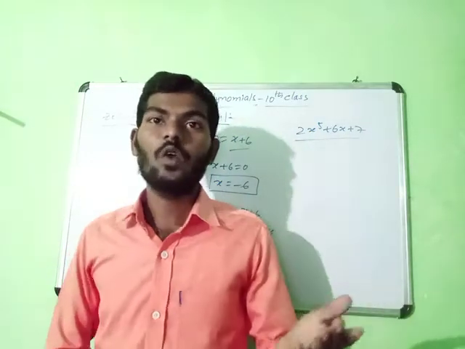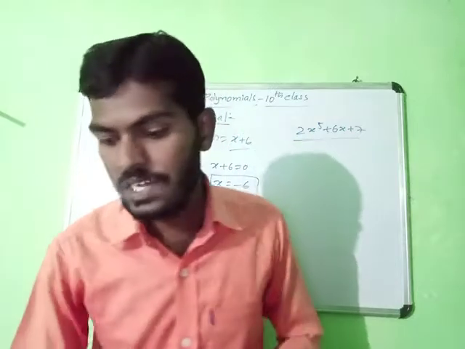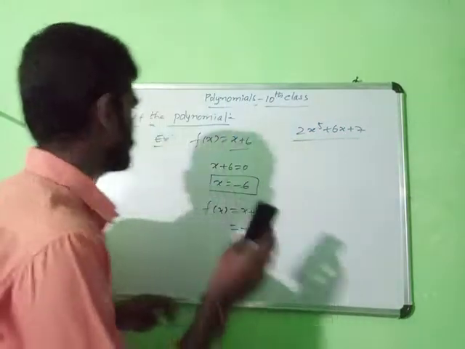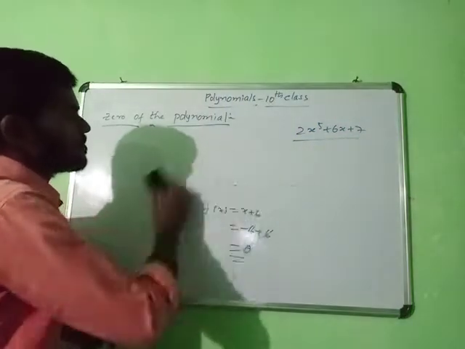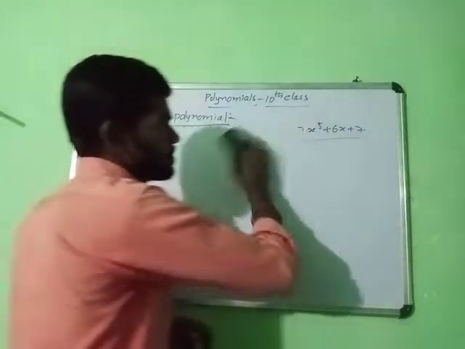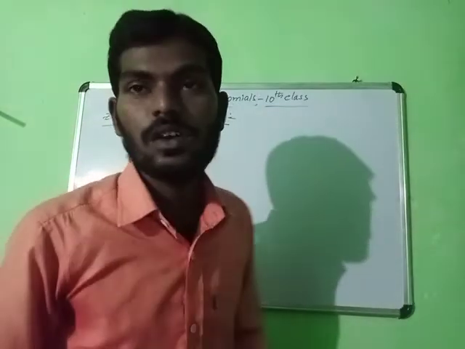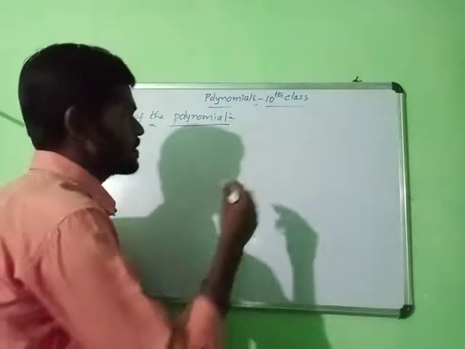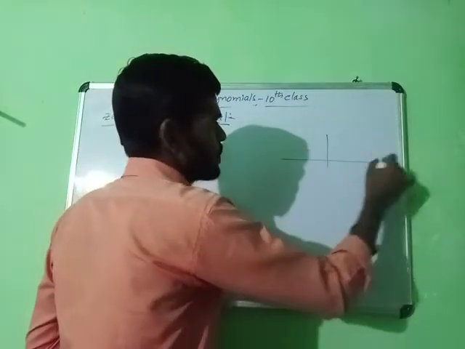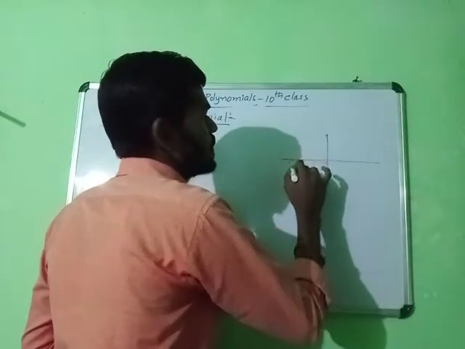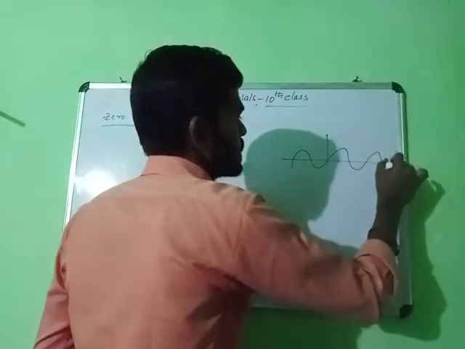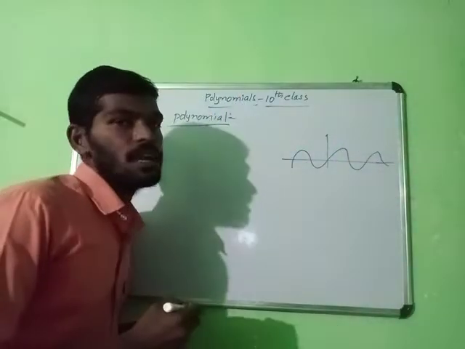And next, what is another definition of the zero of a polynomial? For example, take any one graph, like this.